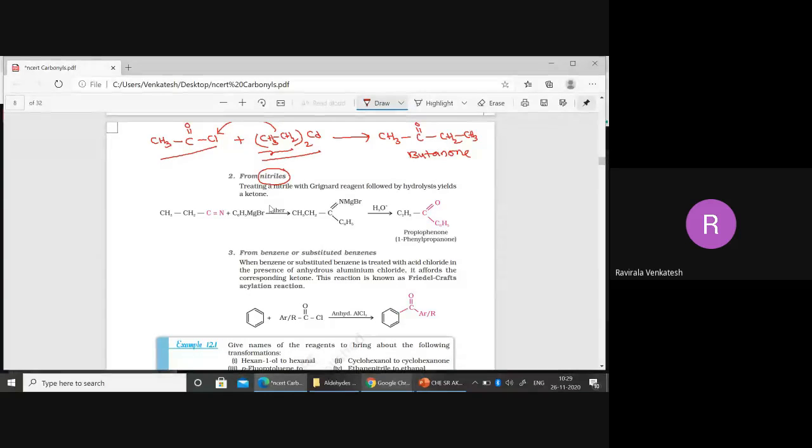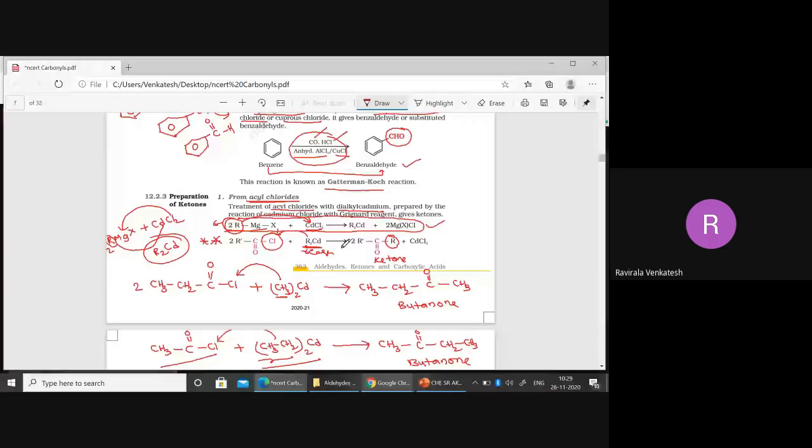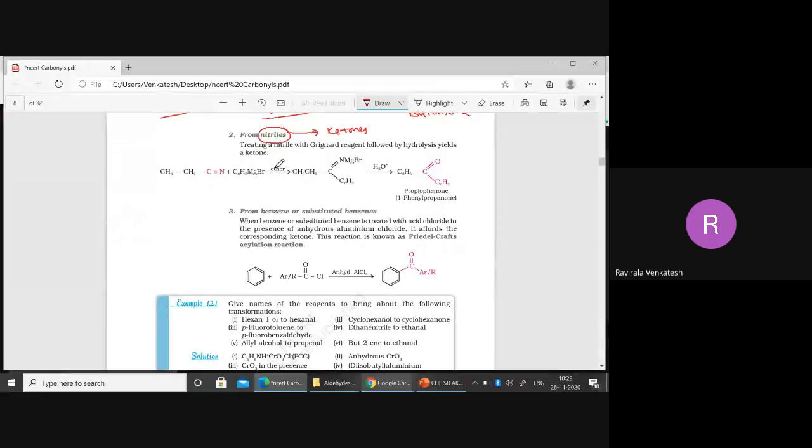Just like the Stephen reaction, where we converted nitriles into aldehydes, nitriles can also be converted into ketones. Let me show that one.